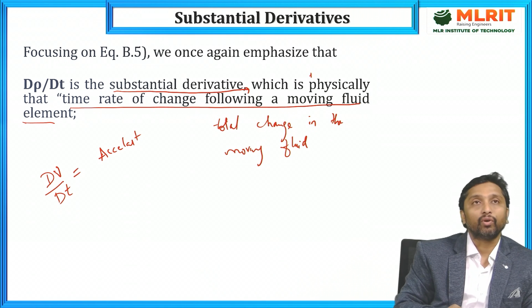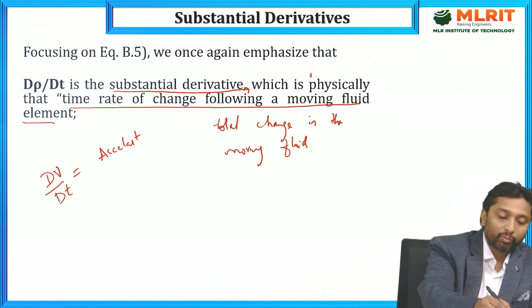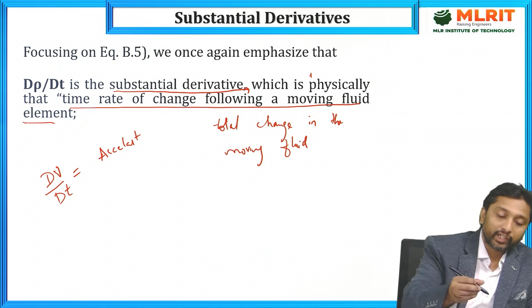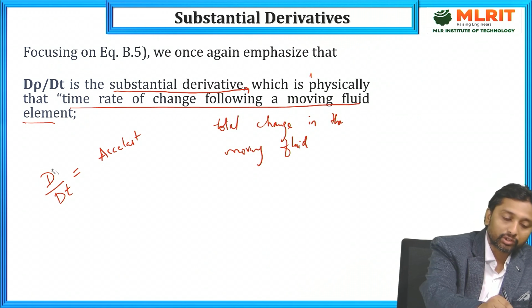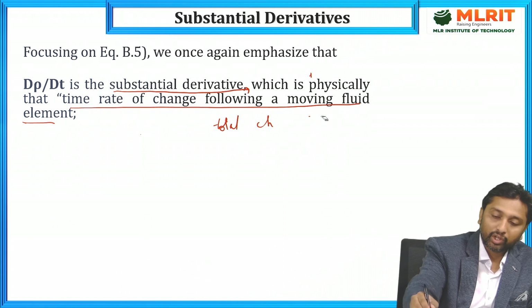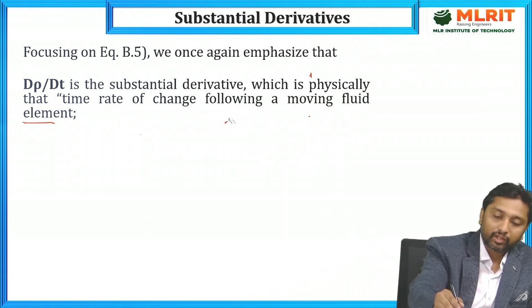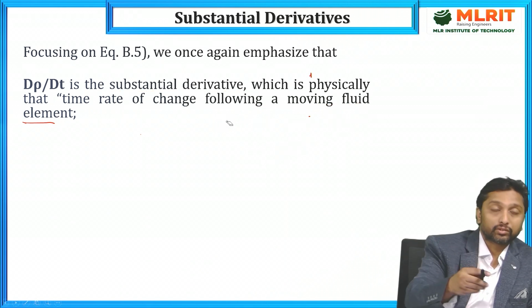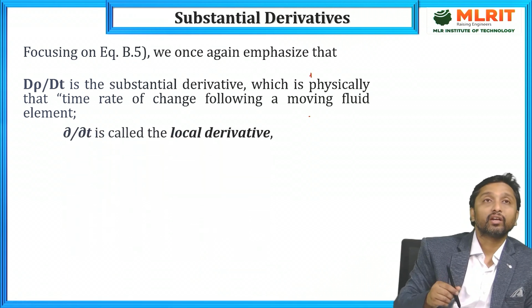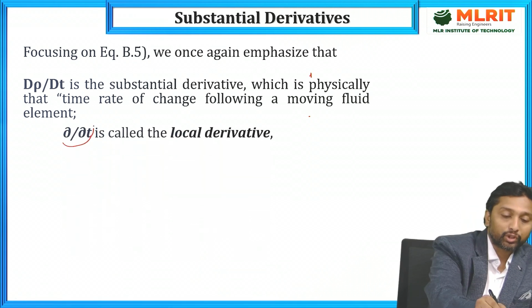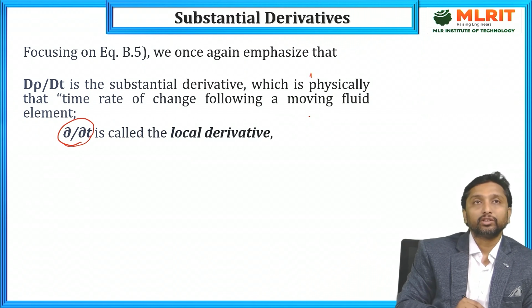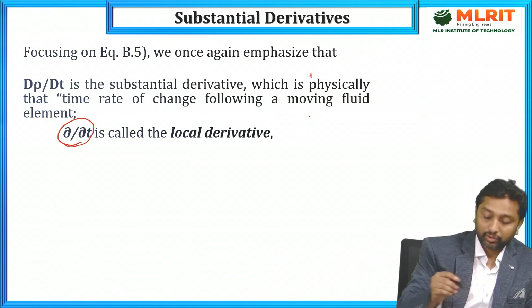D rho by dt is the total change in density with respect to time. So it includes both terms, that is the local derivative as well as the convective derivative. The local derivatives are nothing but changes with respect to time.